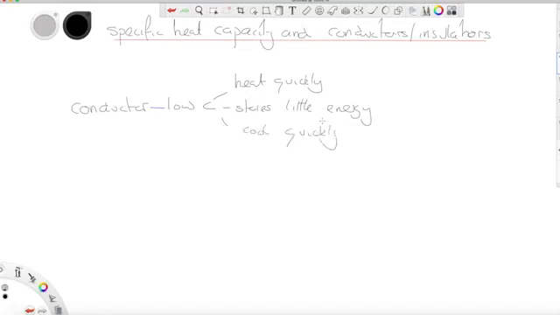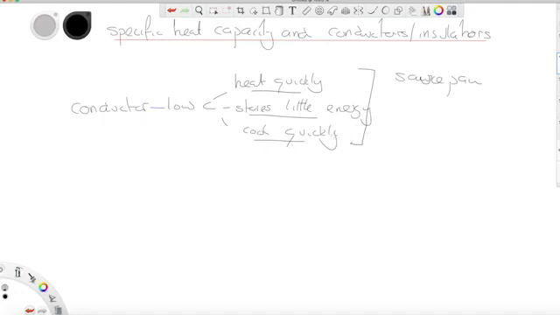Now, if you think those are properties that you really want in a saucepan, you might not have thought about it, but you want your saucepan to heat quickly. You don't want it to take very much heat to do it because you're paying for the energy. And you want it to cool quickly because once you're done with it, you want to be able to wash it, put it away.